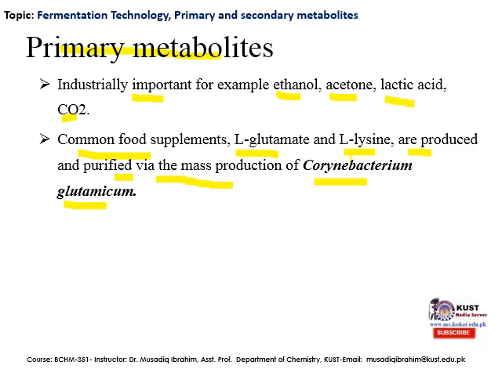So you can see that the amino acids like L-glutamate and L-lysine are produced by the specific bacteria called Corynebacterium glutamicum, and these are the primary metabolites in the life cycle of the microbial cells.